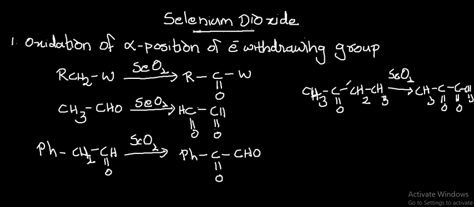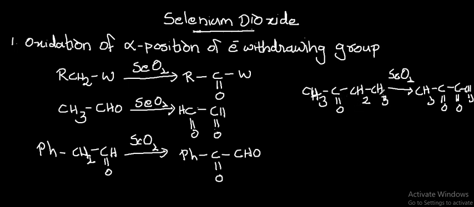So, in these two alpha carbons, which is the more substituted carbon? Obviously, the more substituted carbon is the CH2 carbon, not the CH3 carbon. So, the CH2 carbon will get oxidized into C=O, and the final product will be CH3C=O C=O CH3.